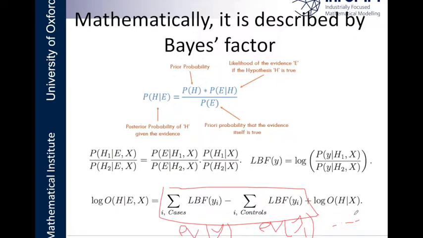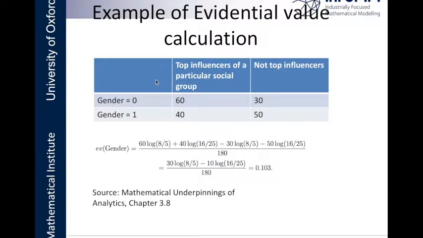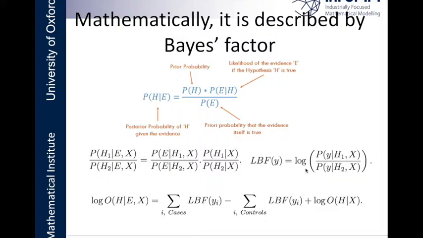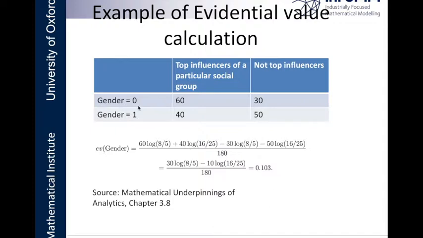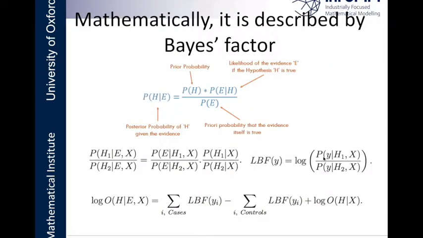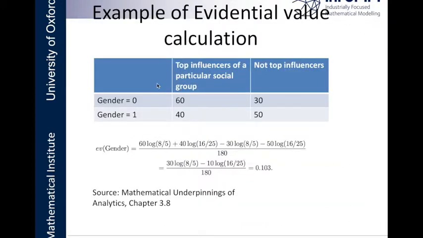Let's look at an example of calculating it. Suppose we have gender as our y, and we have data as such. Then the evidential value of gender is given by this, where we first calculate the log Bayes factor for y equals 0 and y equals 1. For y equals 0, we want to calculate the probability of y equals 0 given that H1 is true, which is 60 over 100.